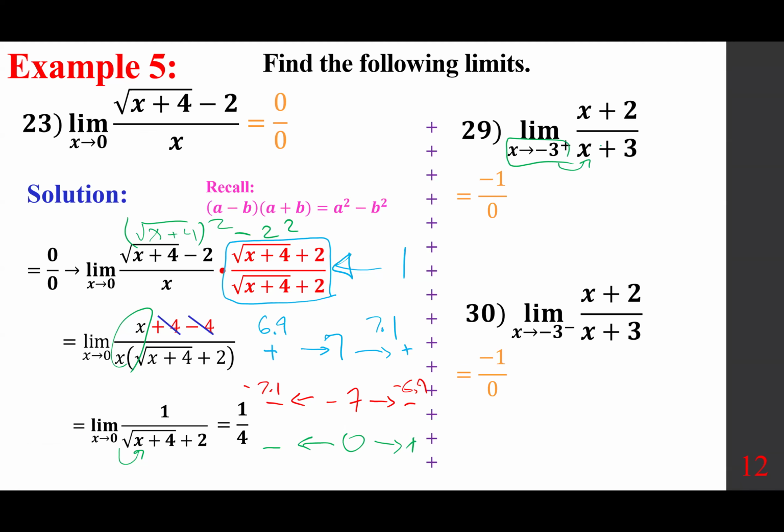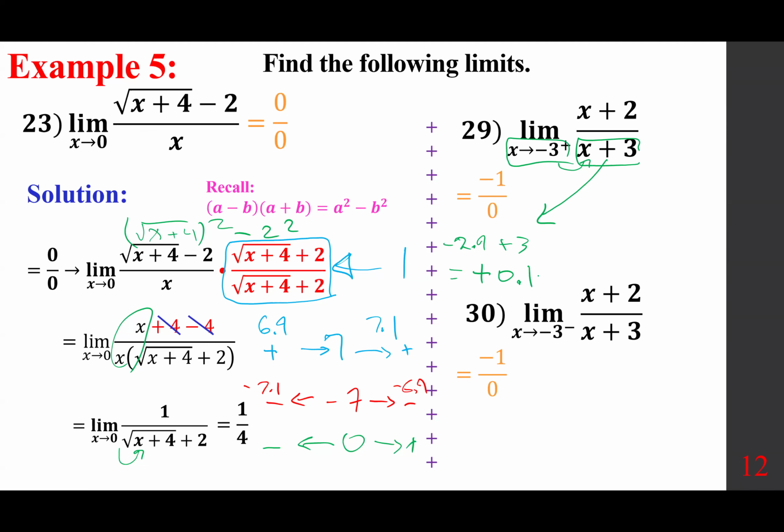Again, for the numerator, it doesn't make much of a difference. If it's a positive number, both sides are positive; negative, both sides are negative. So for the denominator, if you want to pick a number, -3 from the right, like -2.9, and you add 3, you get, and I'm going to emphasize, positive 0.1.